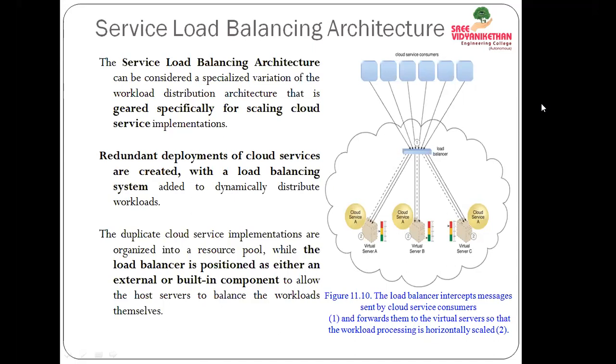Now let us look into the working of this architecture. As you see, there should be a balancer, isn't it? Like how we observed in the workload distribution architecture, where you can find a load balancer, here also we'll have this load balancer. Obviously, this load balancer identifies whether the distribution of the service should happen or not.